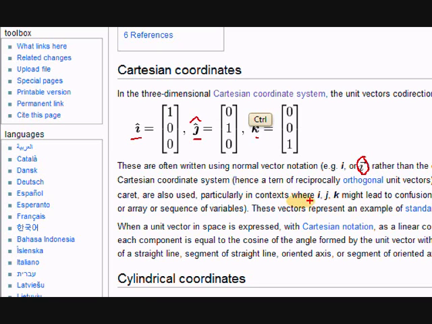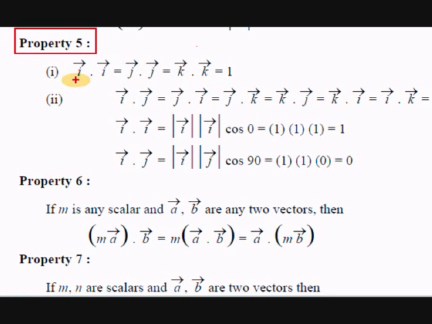Any i, j, k vector is a three-dimensional Cartesian coordinate vector, or they can be called the unit vectors codirectional. From the definition of a unit vector, the magnitude is 1 for i, j, k, and they belong to a three-dimensional Cartesian system. They represent x, y, and z.